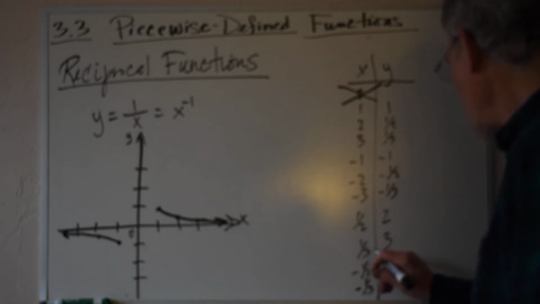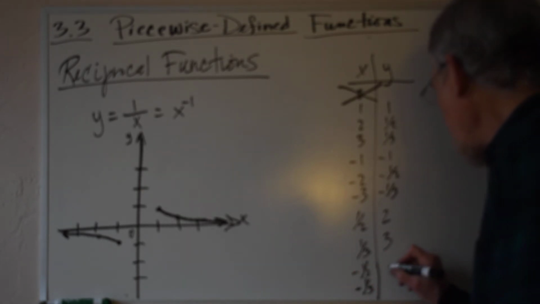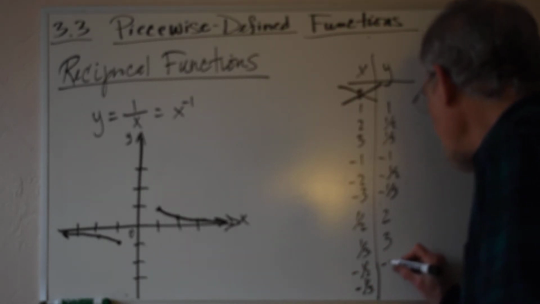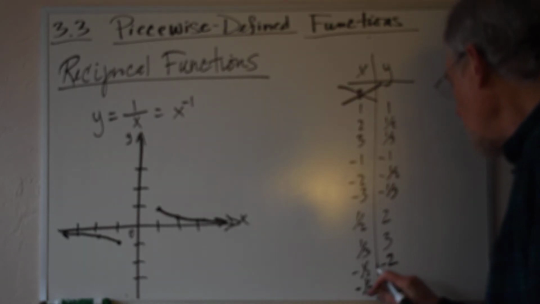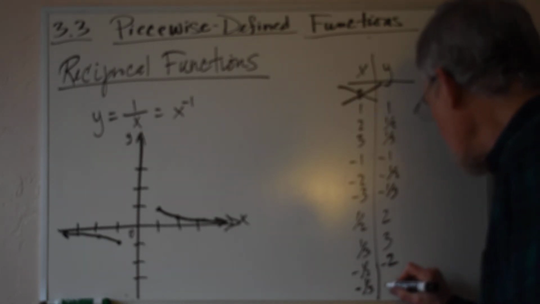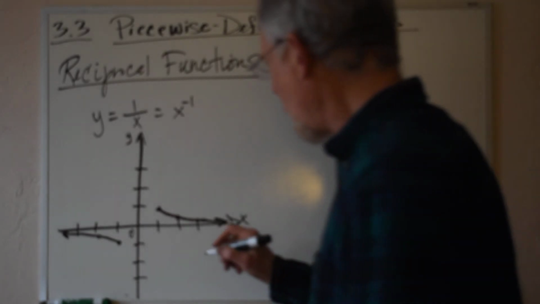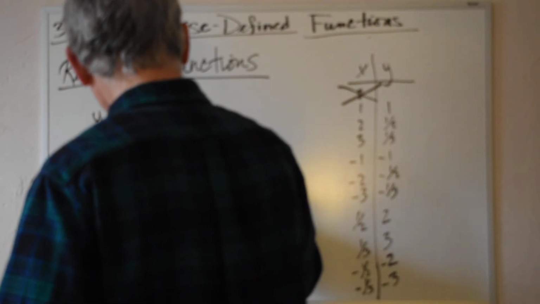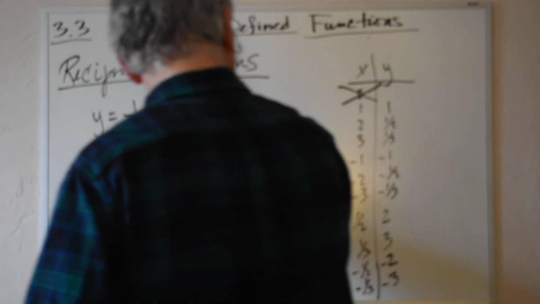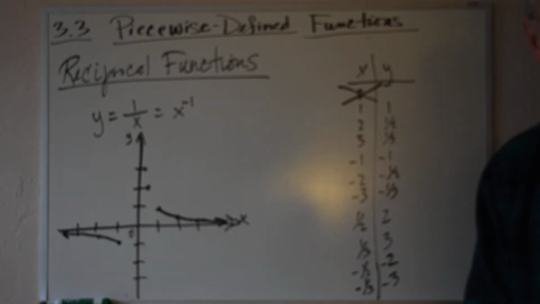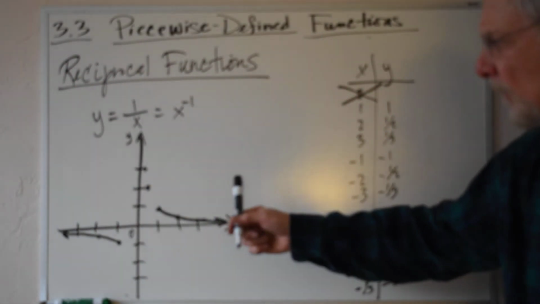When x is 1/3, y will be 3. When x is -1/2, y is -2. When x is -1/3, y is -3. So if I plot these points, you can see it's the mirror image of this story again.